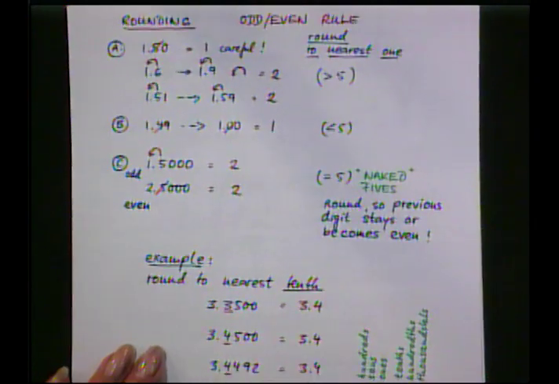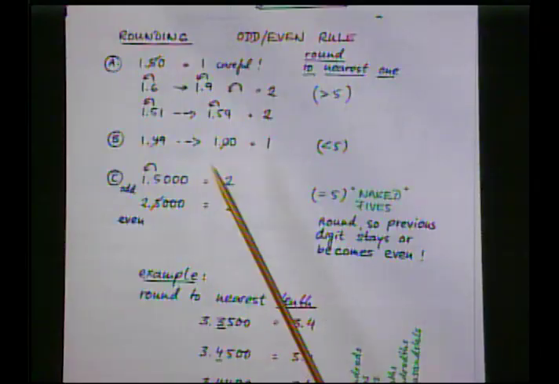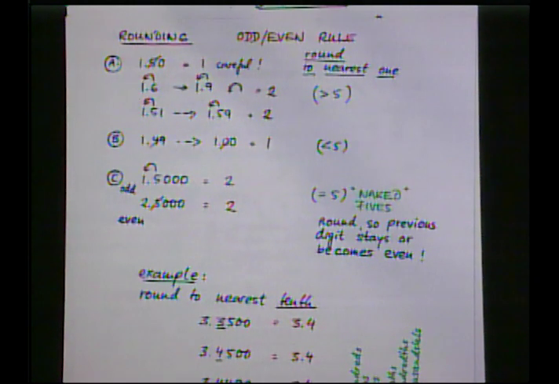And this is very interesting because normally we always rounded any 5, any so-called naked 5, to the next higher digit. In science, we want to be fair. So we have the rule that if the previous number becomes even, we round a naked 5. That means a 5 that has nothing behind it, just 0, so to speak.